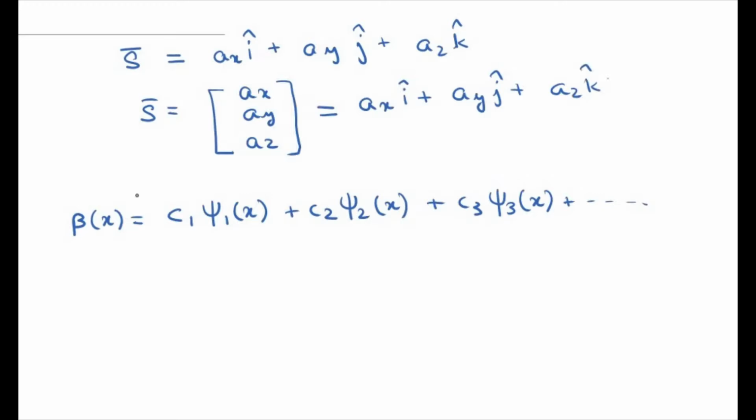Similarly, in wave function space I can write beta as c1, c2, c3, up to cn. Of course, it is an infinite space, but since we do not generally deal with infinite energy in practical cases, we can truncate after a given basis set number.